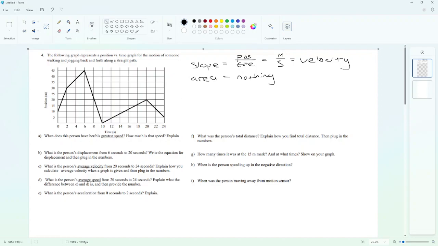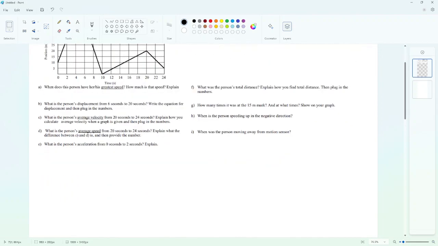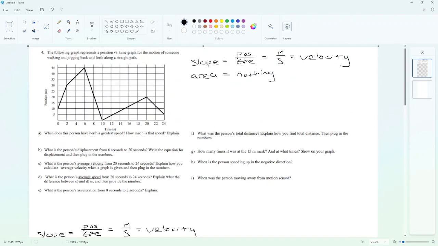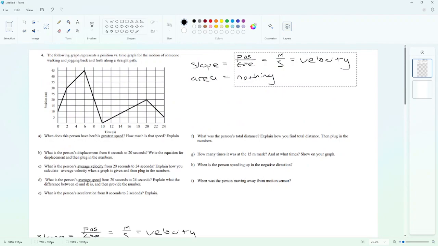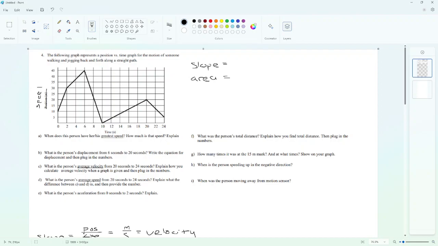Before I go ahead and solve this, let me do a what if. Let's say that instead of it being position versus time, it is speed versus time. Okay, so what would the slope be?